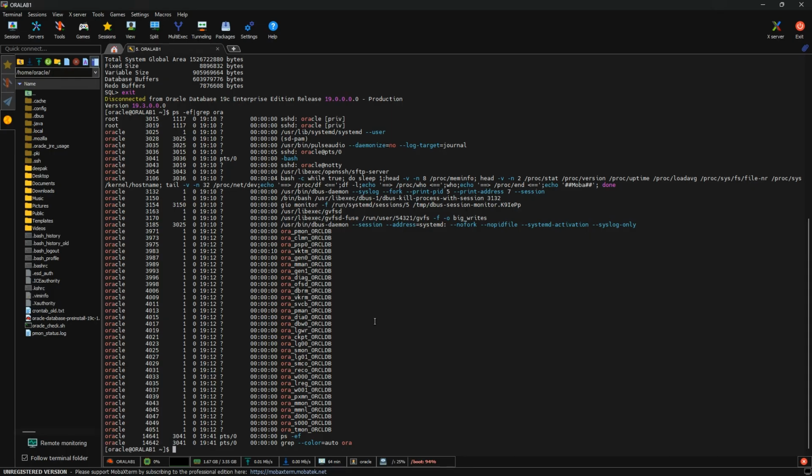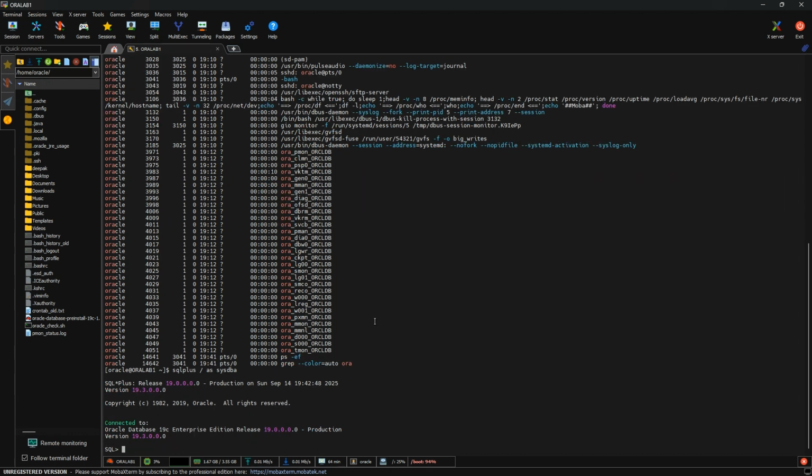Let's connect back to our database again. It's sysdba. Your database is in nomount mode. Earlier it showed idle instance, but now it is showing you're connected to the instance.